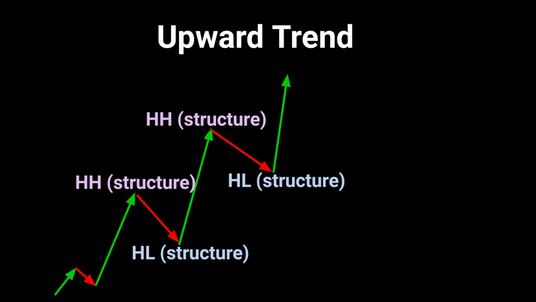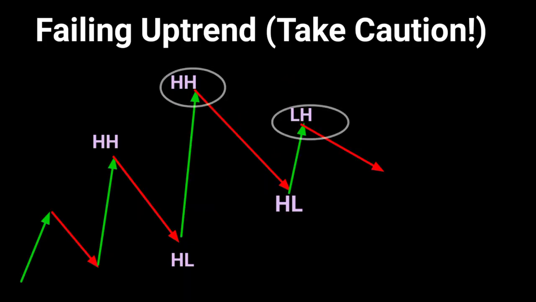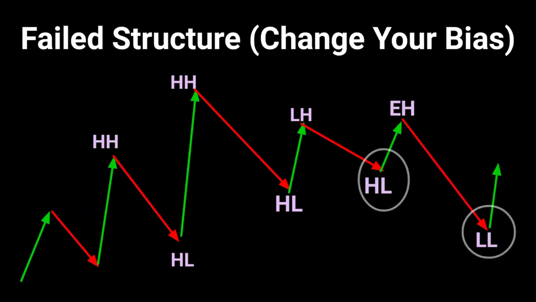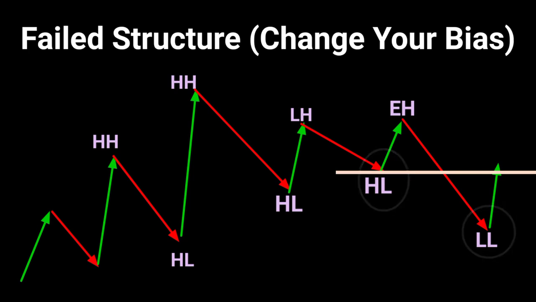That is what makes the upward trend a trend. If a new high does not take off the previous high, then it's a signal that the structure is failing and that the upward trend may not continue. And if a new low takes off the previous low, then the structure is broken and a reversal is imminent.